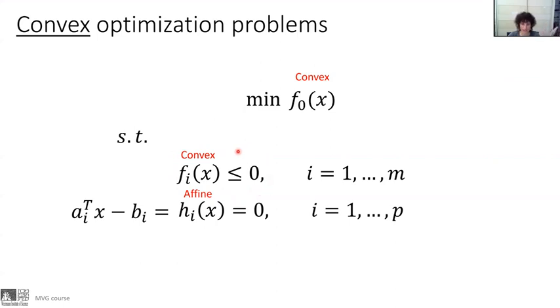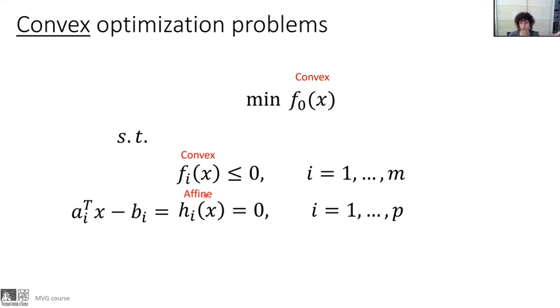Any convex function f(x) smaller or equal to 0 is going to give me a convex set. Even if it was quasi-convex, it is true. Great. Okay.